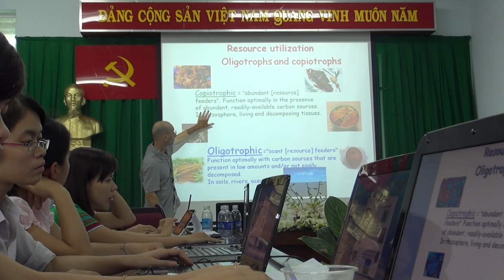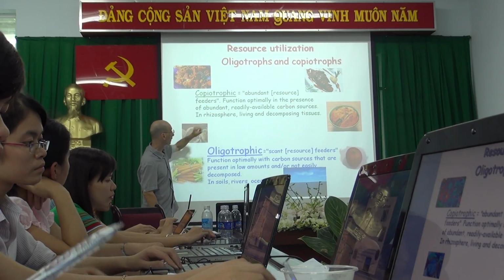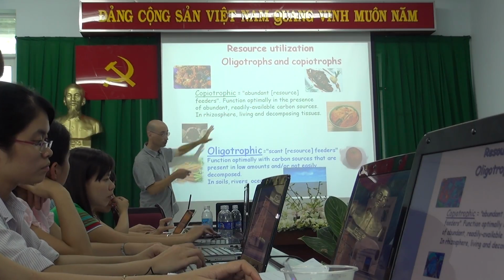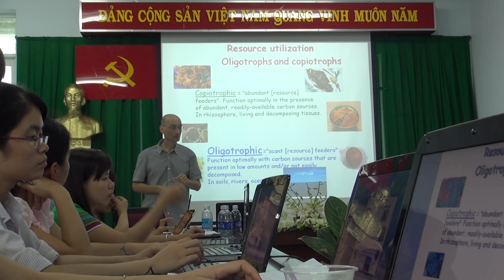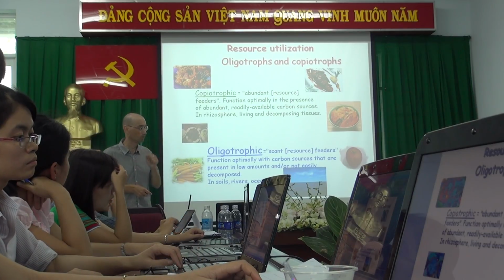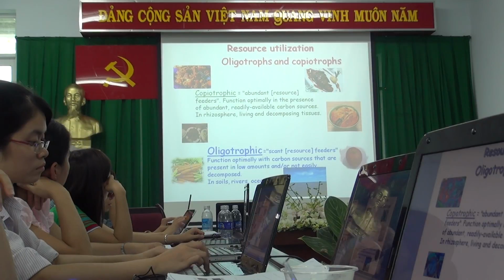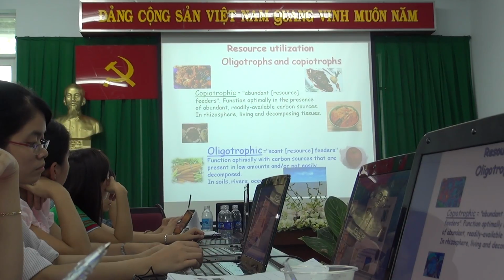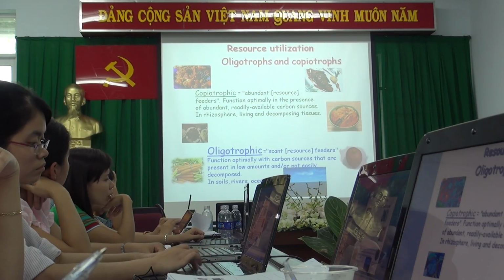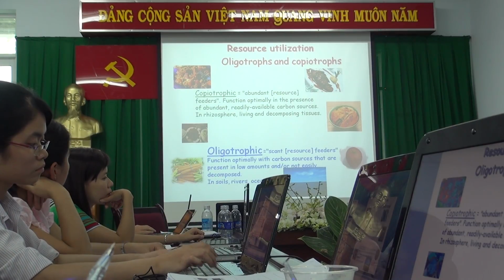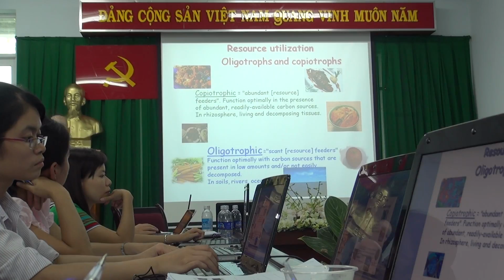So the NA medium is a medium that will mostly get copiotrophic bacteria. Trong môi trường đó mình sẽ thu được hầu hết là copiotroph. And this fits well for the bacteria that grow in the rhizosphere because there's a lot of compounds in the rhizosphere.